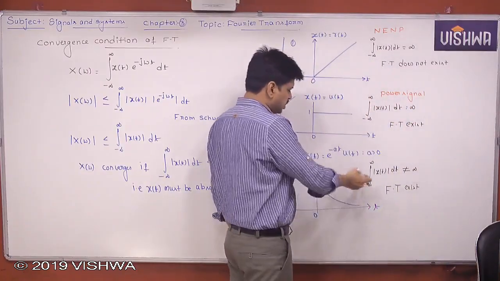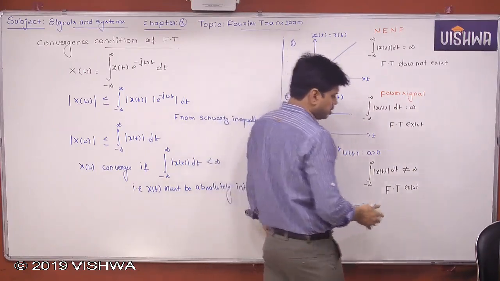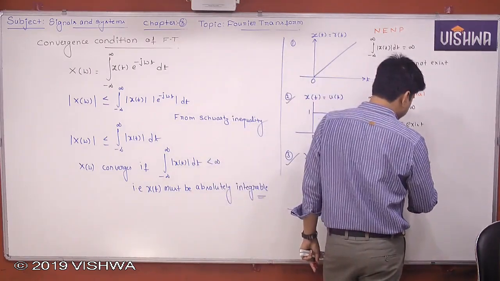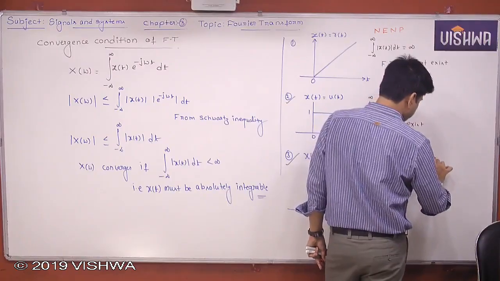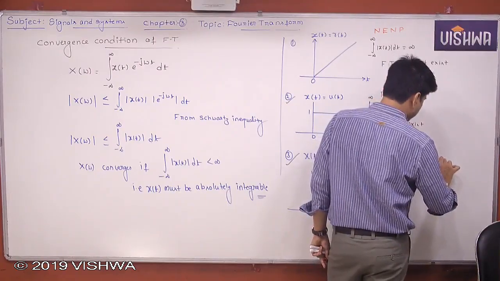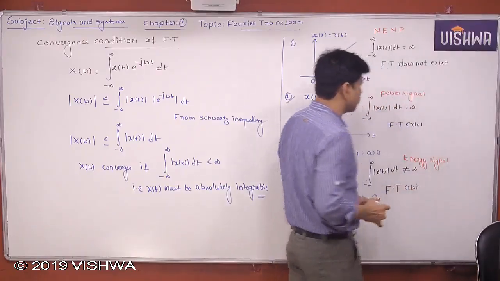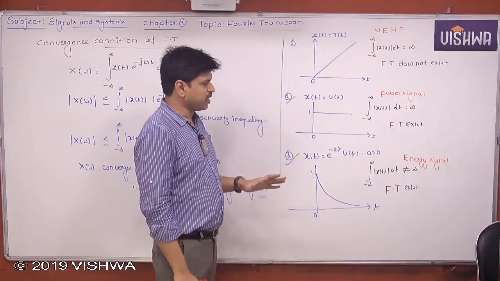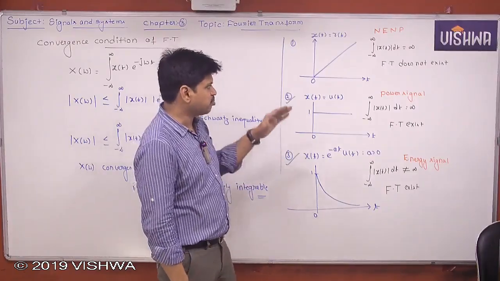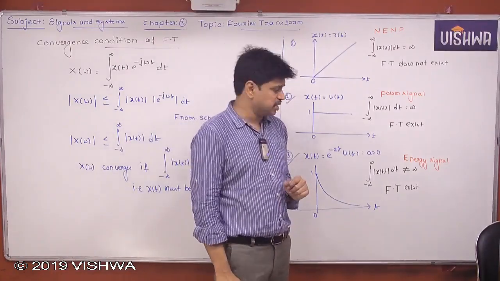What about this signal e to the power minus at times u of t? It is an energy signal. Listen carefully. We have three categories: energy signal, power signal, and neither energy nor power signal.